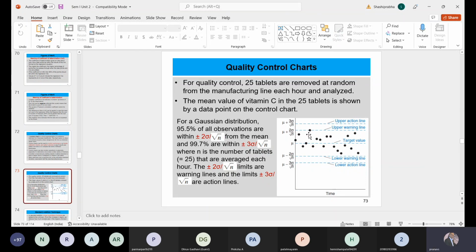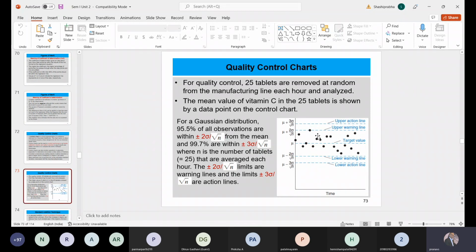And we know that 95.5% of the distribution of values is between the upper warning line and the lower warning line, and 99.7% fall within the lower action line and the upper action line.